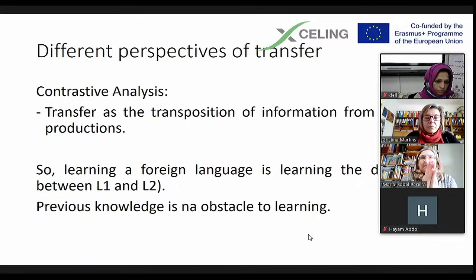In the most radical perspective of contrastive analysis, it was seen as a direct transposition of information from L1 to L2 productions, and we can conclude that learning a foreign language is learning the differences between L1 and L2. So previous knowledge, in that perspective, is an obstacle to learning.